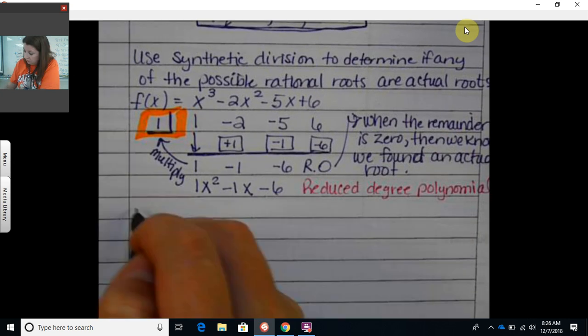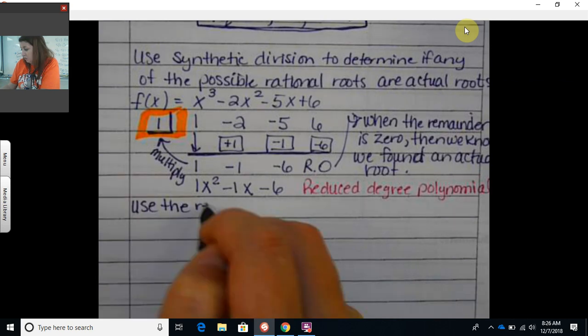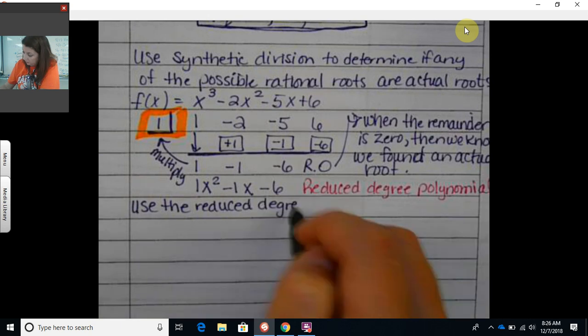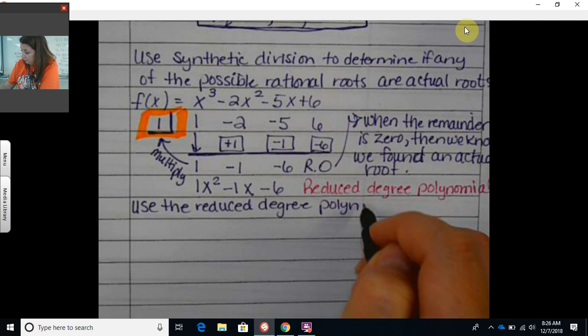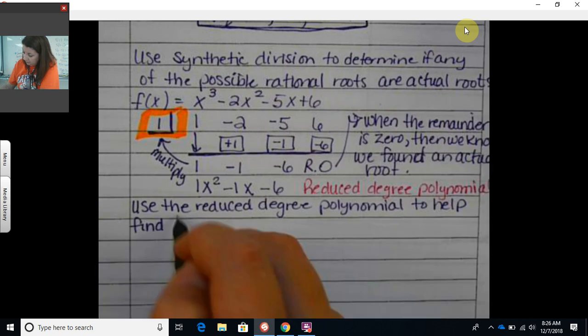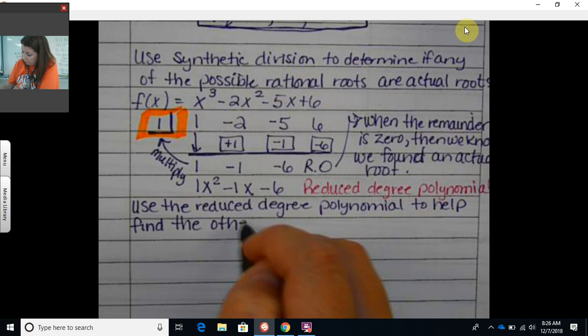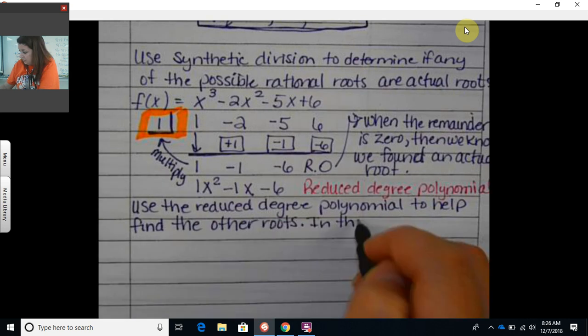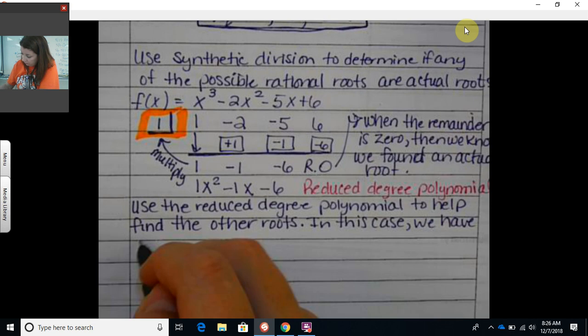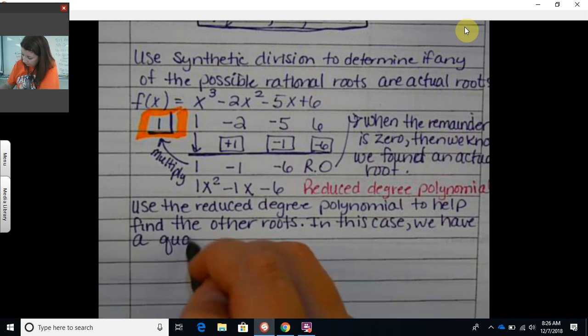So let's see. Use the reduced degree polynomial to help find the other roots. In this case, we have a quadratic polynomial.